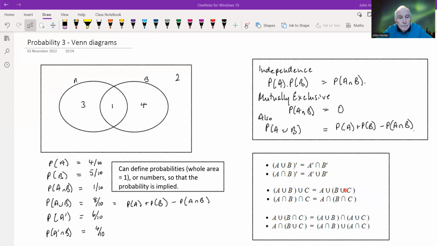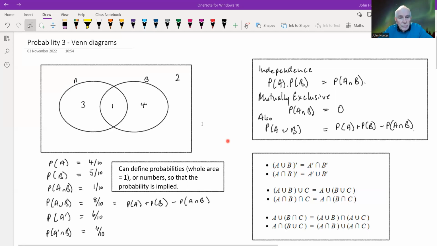It's not zero. When we're doing these Venn diagrams, we tend to either put probabilities in them, or we put actual values, numbers of things. If they're numbers, then they're effectively probabilities, because here in this diagram on the left we've got 3, 1, 3, add 1, add 4, add 2, that's 10 altogether.